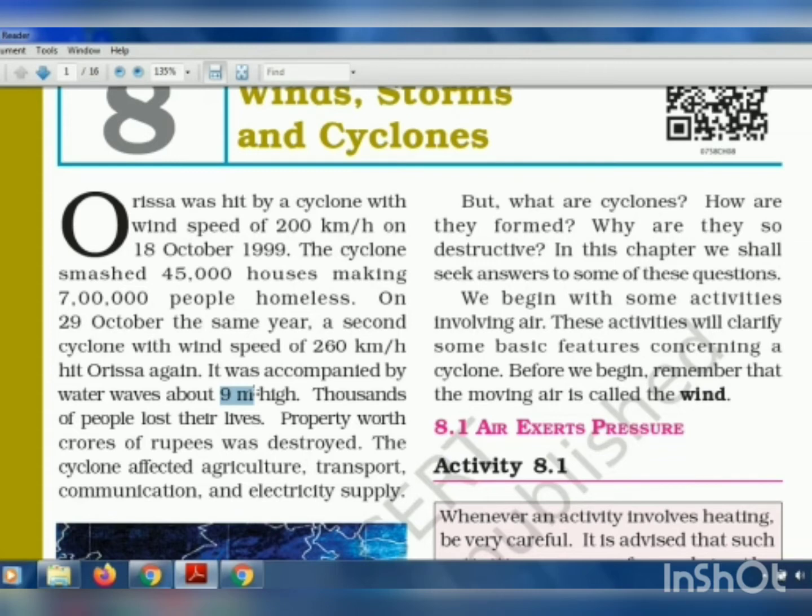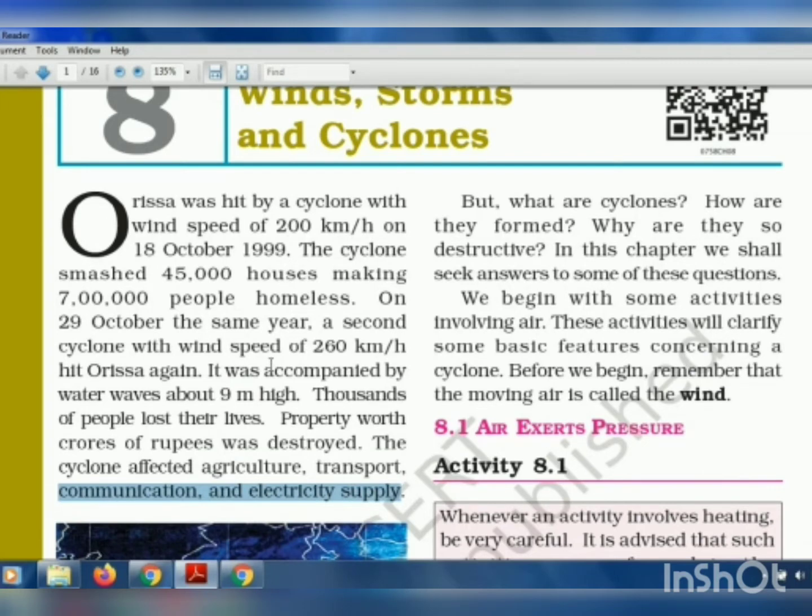No one can stand in front of such a big water wave and survive. Because of that, so many people lost their life and property, and everything was destroyed, like agriculture, transport, communication, and electricity supply. So cyclones are very destructive.